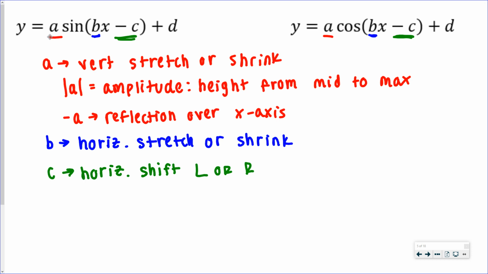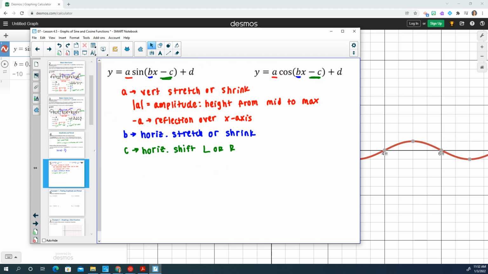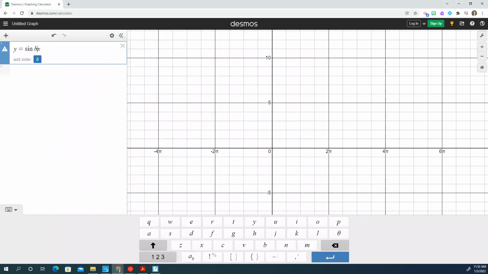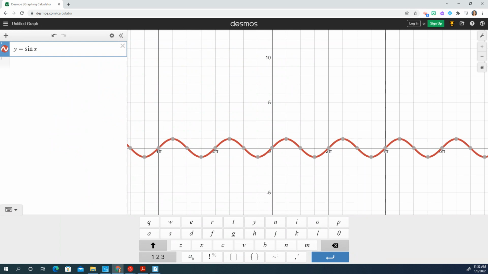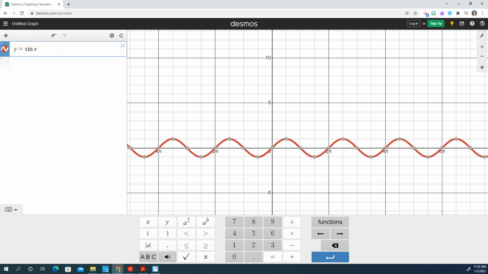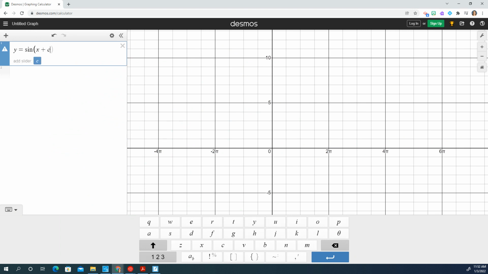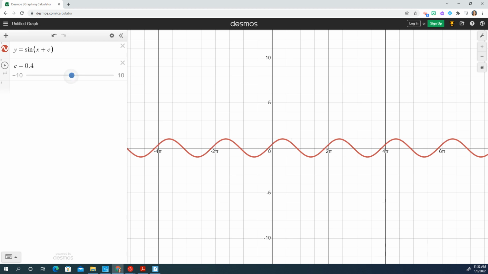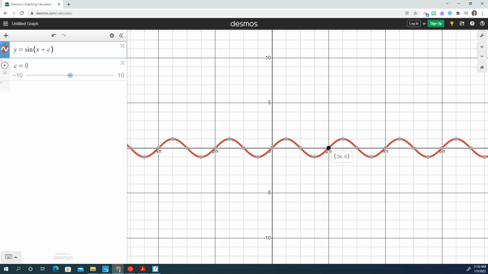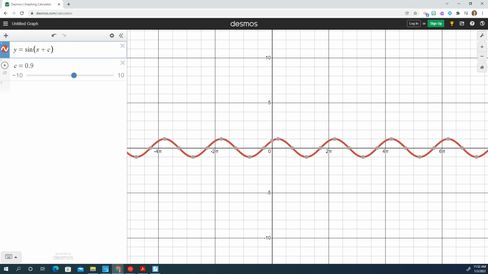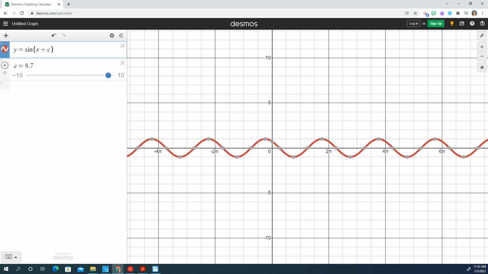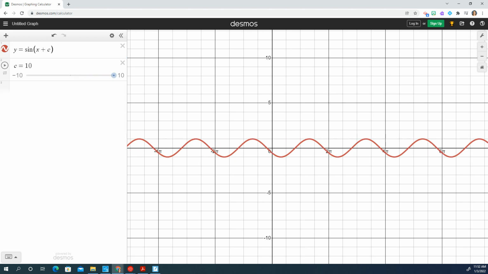Okay. So let me show you this on Desmos quick. Let's get rid of B. Let's just do C for a second. So in parentheses, x plus some C. Right now it's going to add 1 right away. Let's say add nothing. So here's my sine curve. Starts here, ends here. If I add something, it's shifting it to the left. You could also call it a shift right because it's periodic.